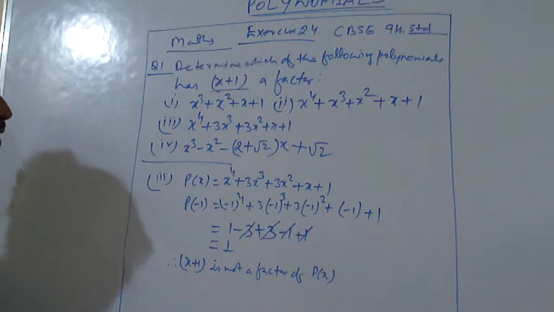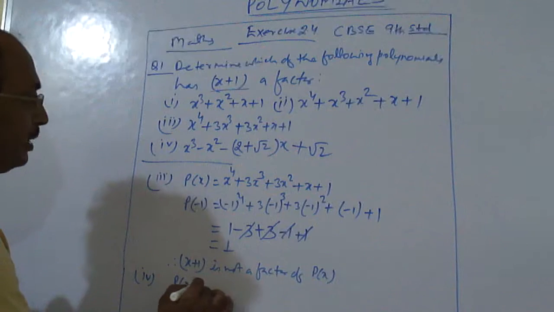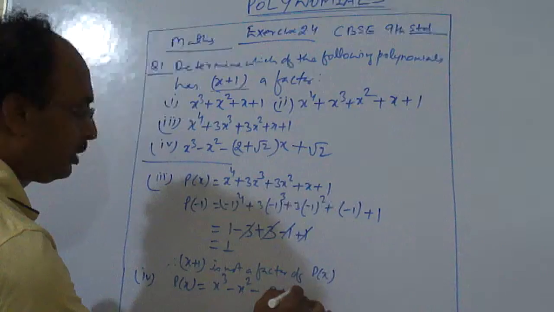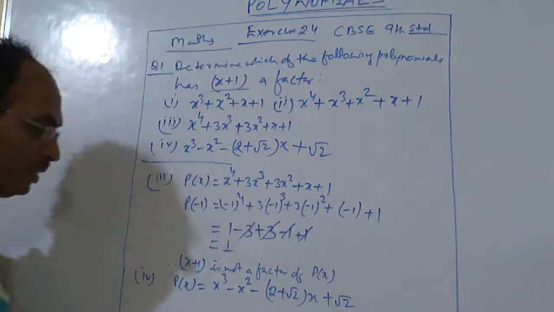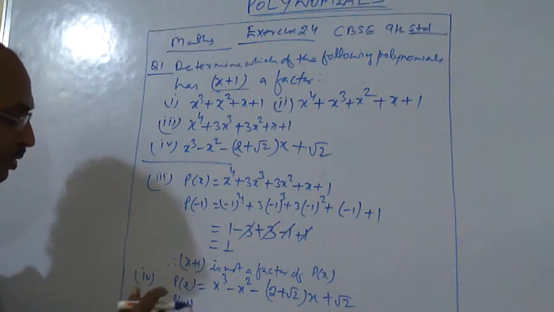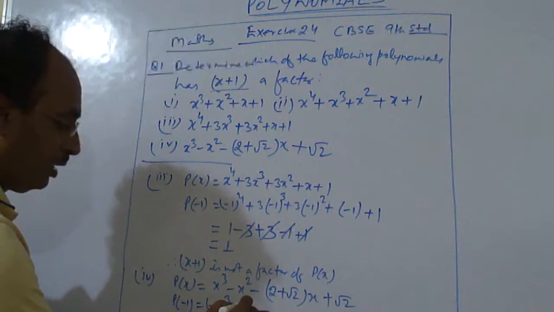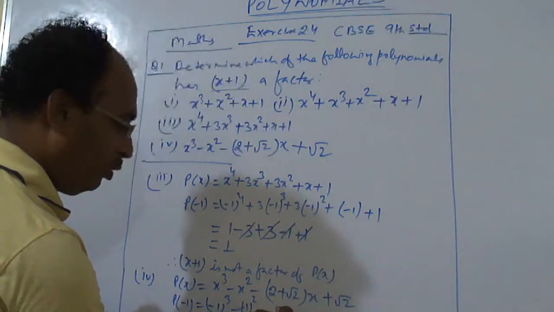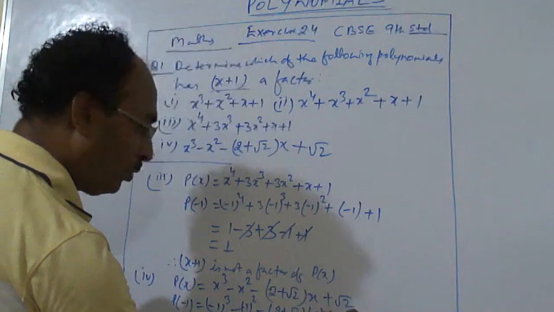Okay. Now the last one we will do. The fourth one also. So p(x) is given to us as x cube minus x square minus (2 plus root 2) x plus root 2. So minus 1 to the power cube minus minus 1 to the power square minus (2 plus root 2) into minus 1 and plus root 2.